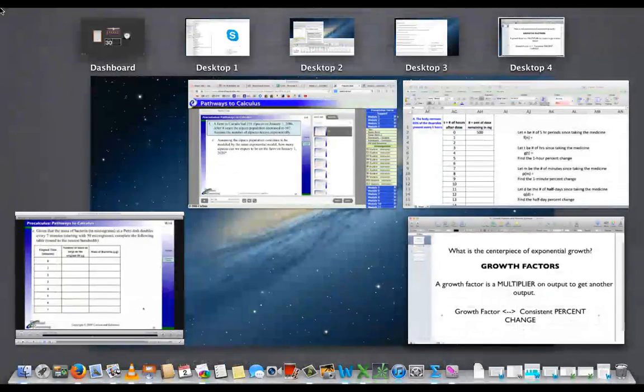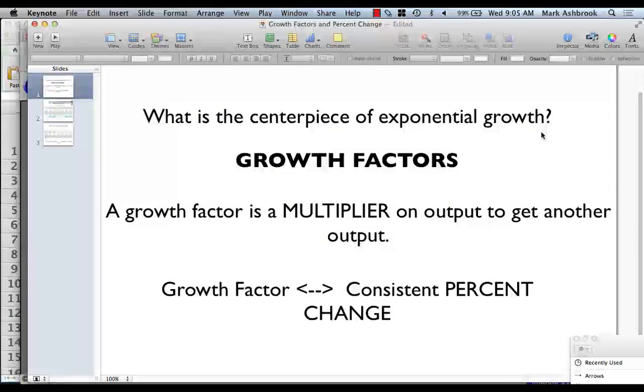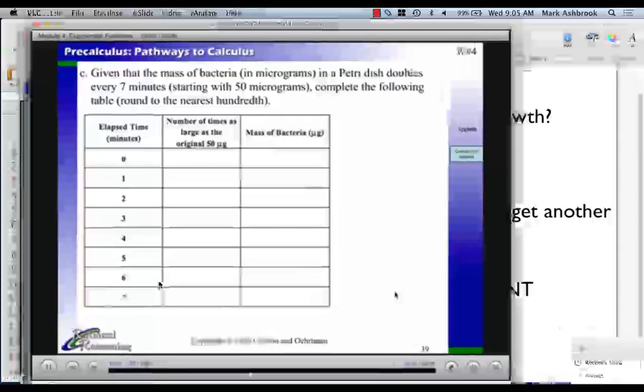All right, so let's just jump right in here. So here's, I hope you can read that. It's a little blurry. Okay, you good? All right.